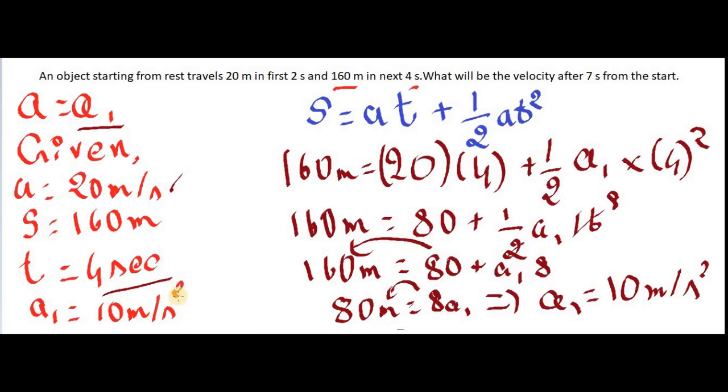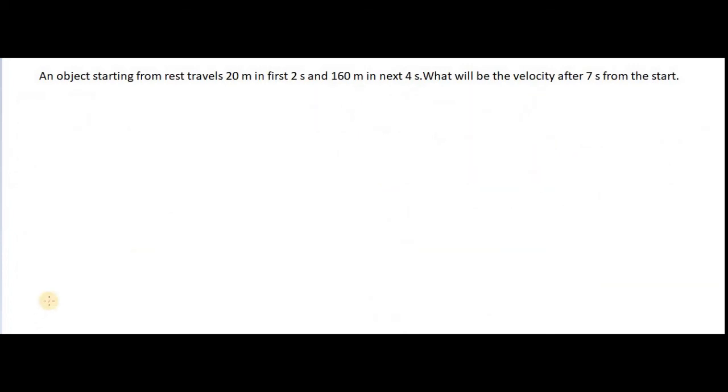If you observe both of them, there is one similarity between both of them. What is it? It is nothing but that in both we got the acceleration as 10 meter per second square. So we know that the acceleration is constant in both the motions. Now we can calculate the velocity very easily.